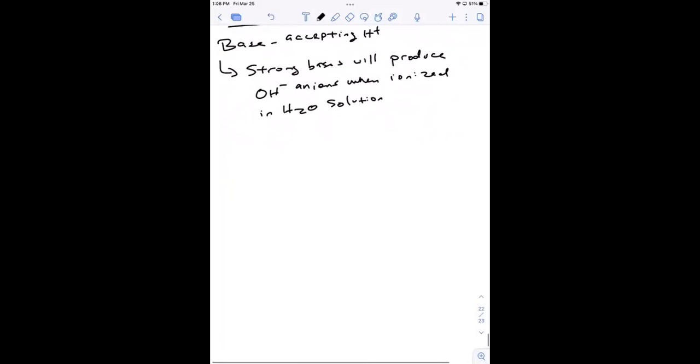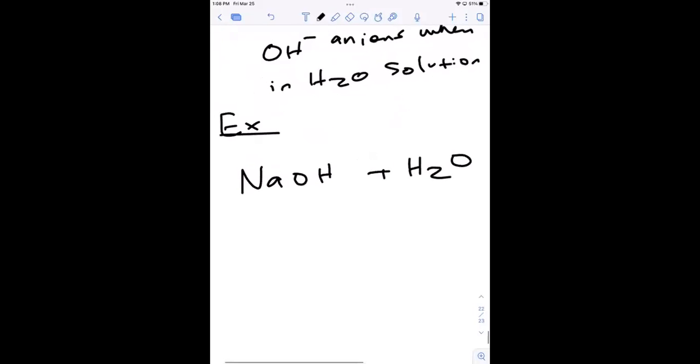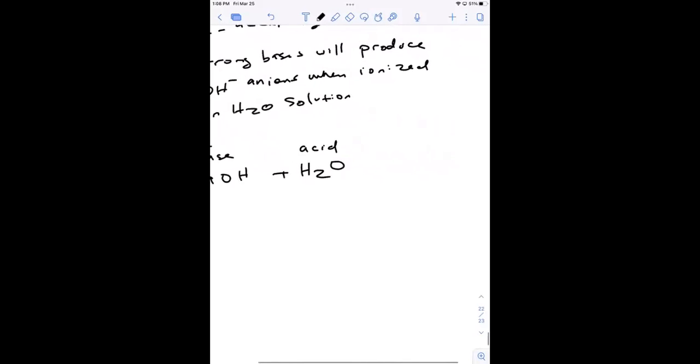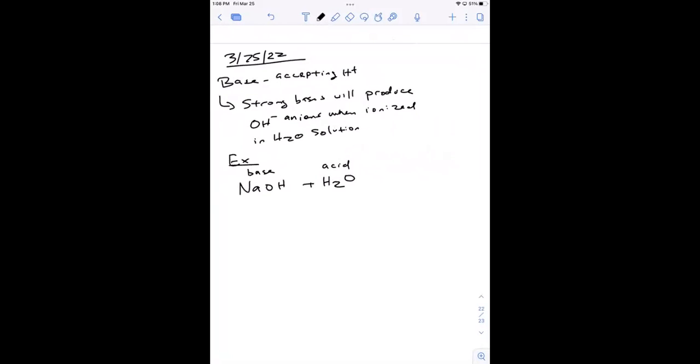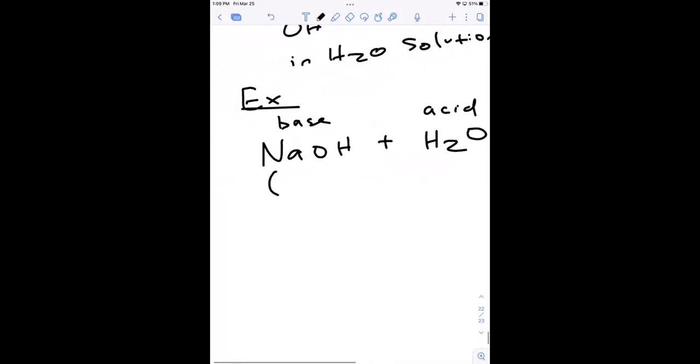So an example would be sodium hydroxide, and we're going to add water to that. In this case, this is going to be my base, and this is my acid. And when that ionizes, because it's a strong base, and what I mean by ionize is that remember, this is a salt, right?